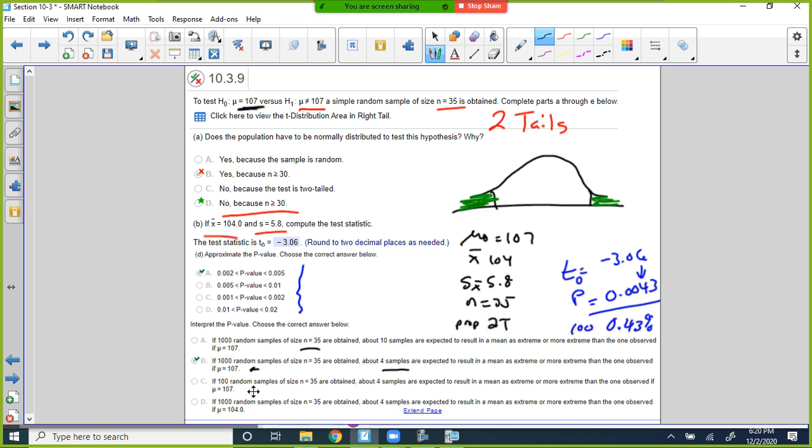Okay, so basically what we're saying is four out of those 1,000 samples of 35 would be falling within the green regions. Okay, so the probability out of 100 would be 0.4%. Out of 1,000 would be 4, right?